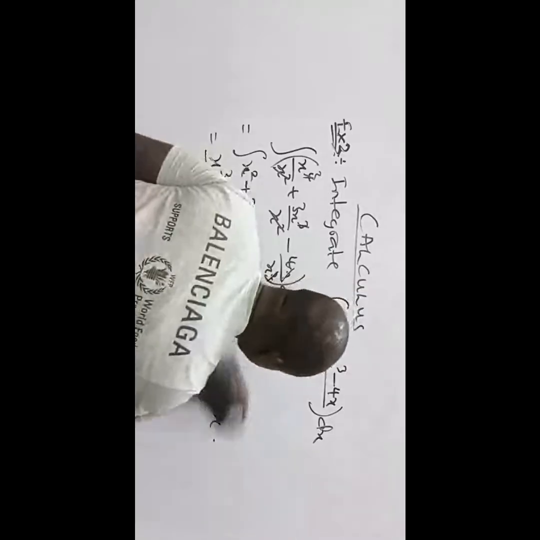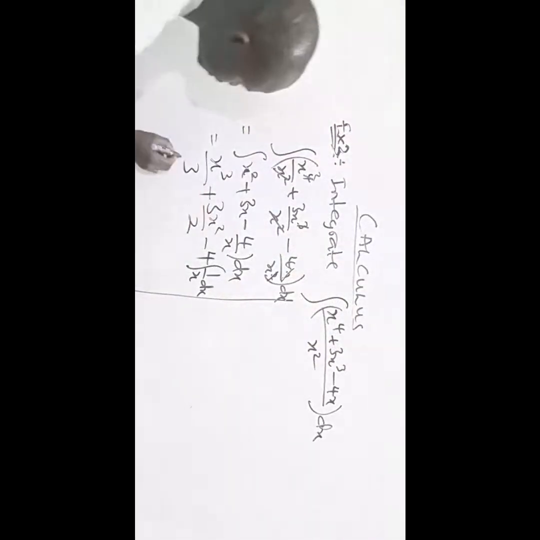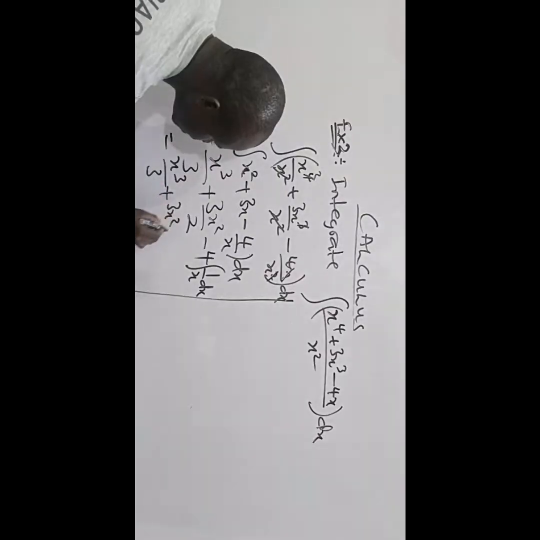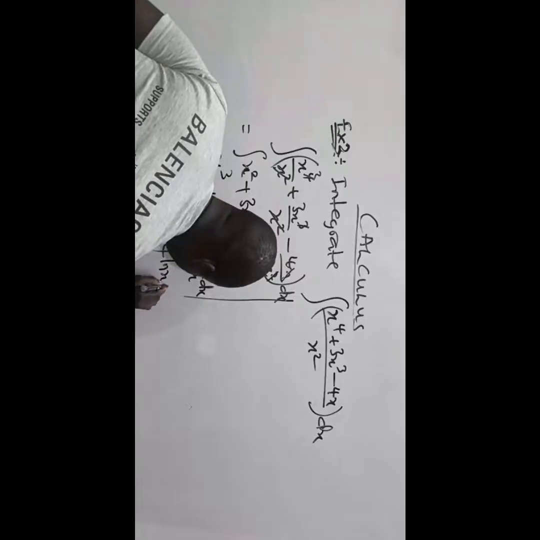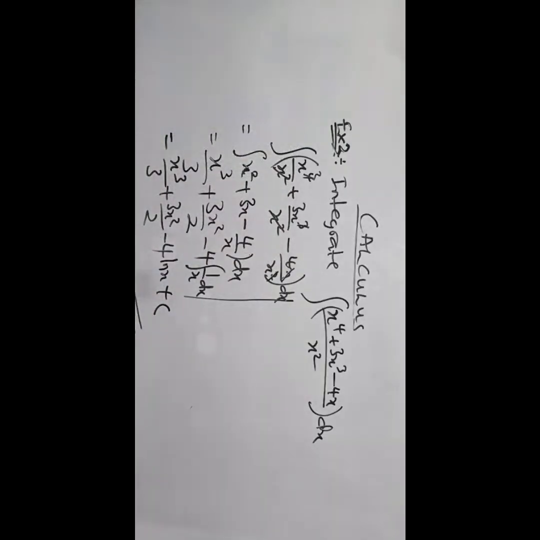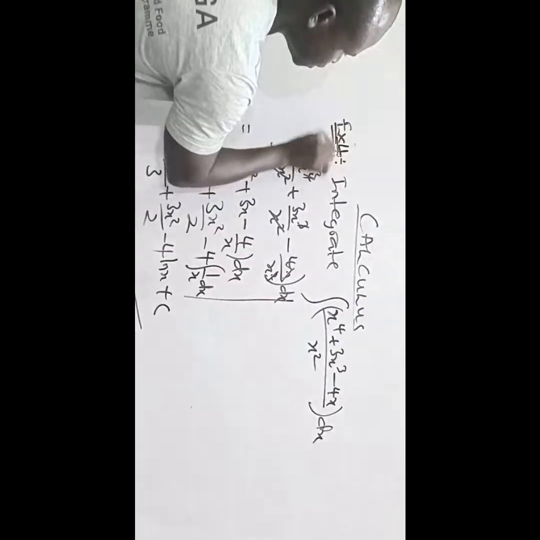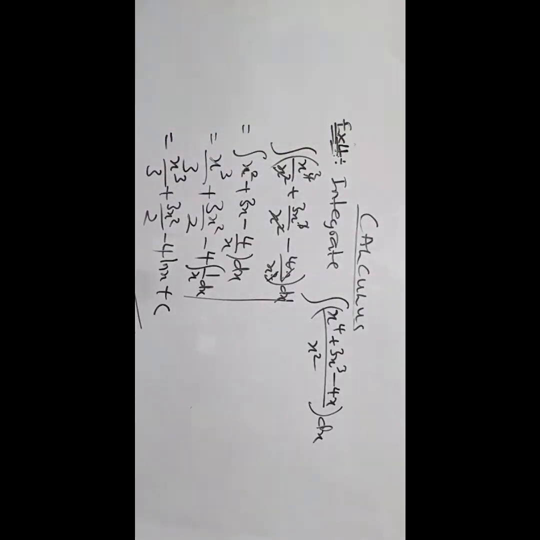So this will be x cubed all over 3 plus 3x squared all over 2 minus 4 ln x, plus arbitrary constant. We must add that arbitrary constant. Failure to do that will not enable us to solve the problem. So it's a must to put the arbitrary constant.